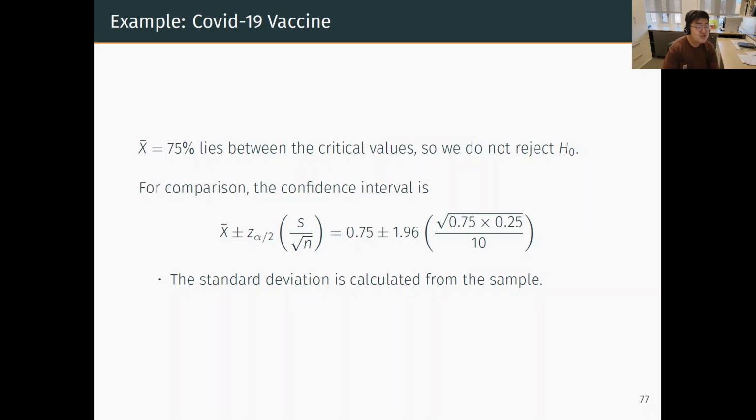Okay, this is the last page. For comparison, in the confidence interval chapter, we used a very similar formula, but at that time the standard deviation was calculated from the data, right? So the margin is different. If you calculate the confidence interval from this data of 75% antibodies, then your standard deviation must follow the data point 75%.